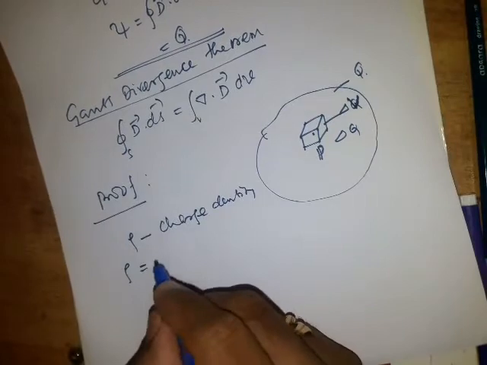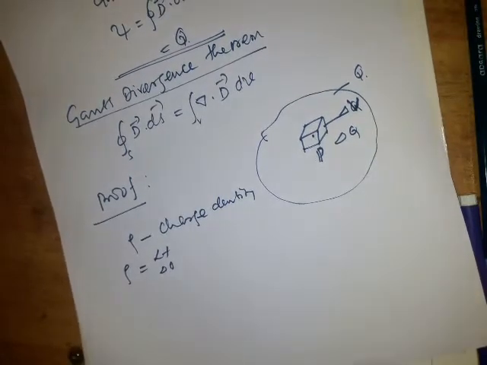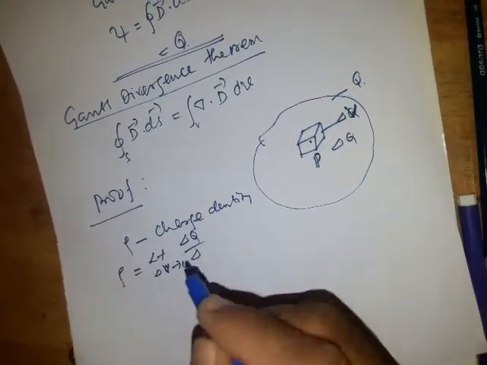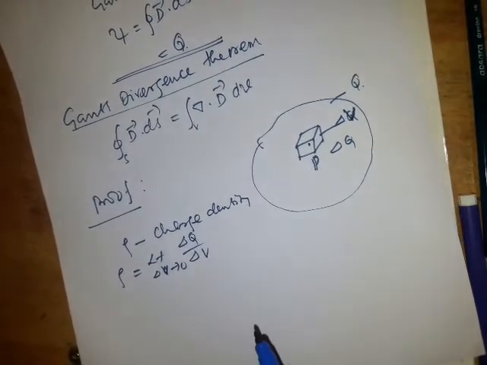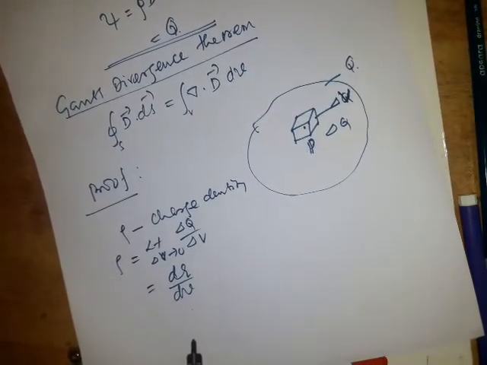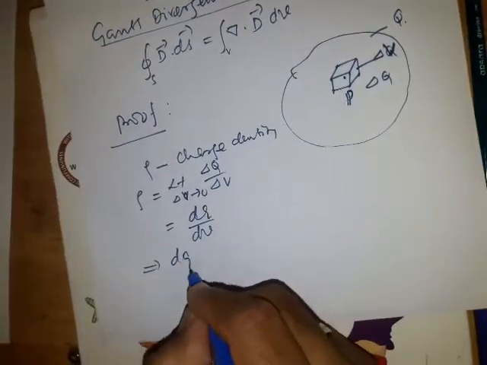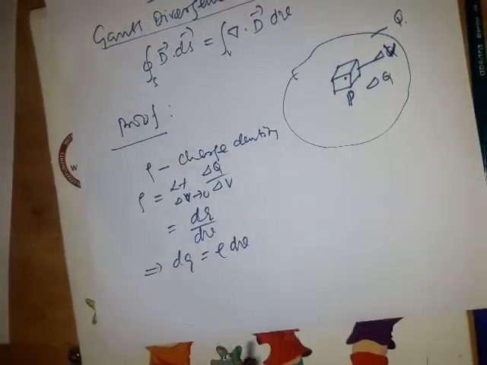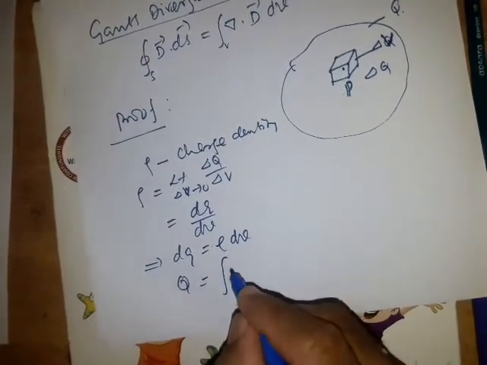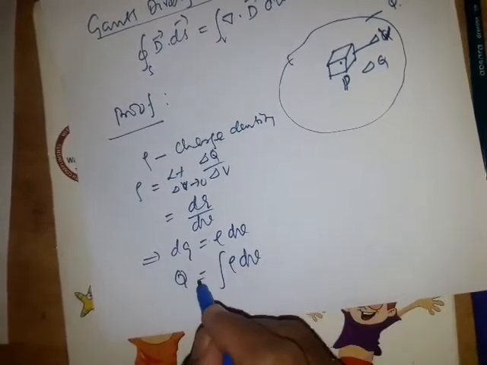It is the limit, as del v tends to 0, of del q by del v. So this is known as dq by dv, or I can write dq is equal to rho dv. So the total charge enclosed is equal to the volume integral of rho dv. So Q is equal to this much.